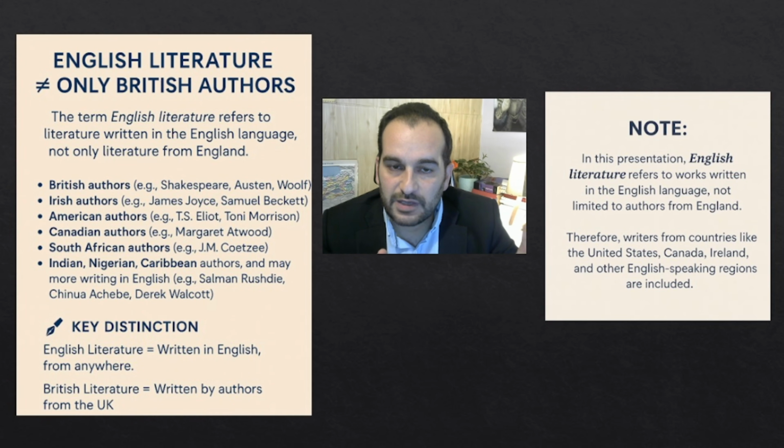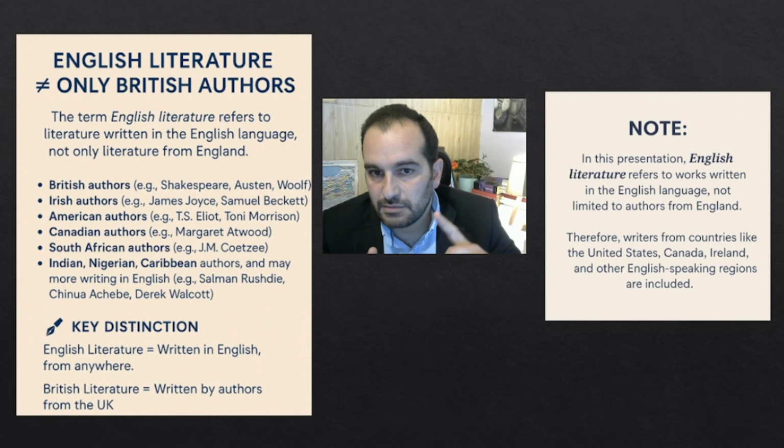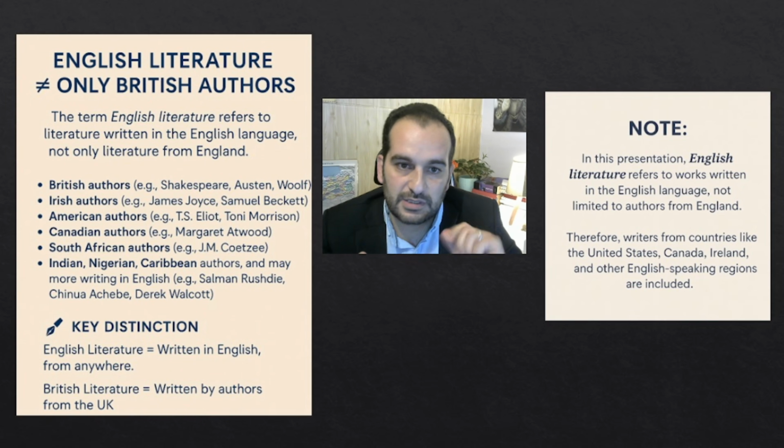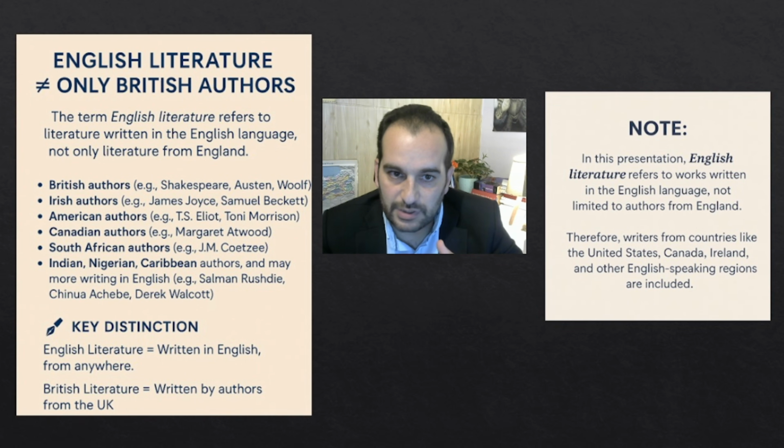So when we talk about English literature, we have British authors like Shakespeare, Virginia Woolf, Jane Austen. We have Irish authors like James Joyce. We have American authors like T.S. Eliot. We have authors from South Africa, from India, Nigeria, and many other different countries.